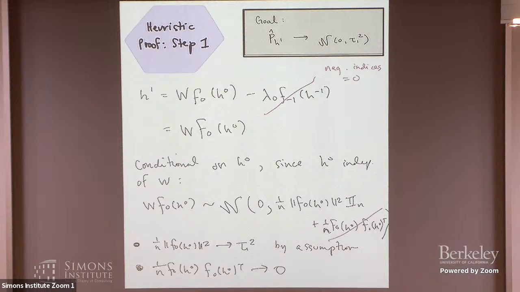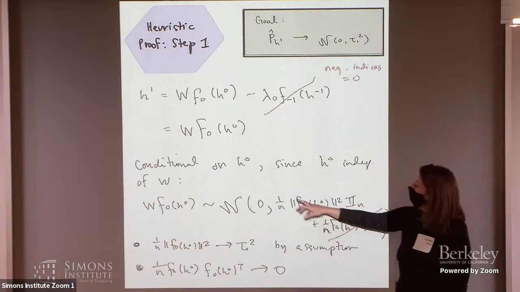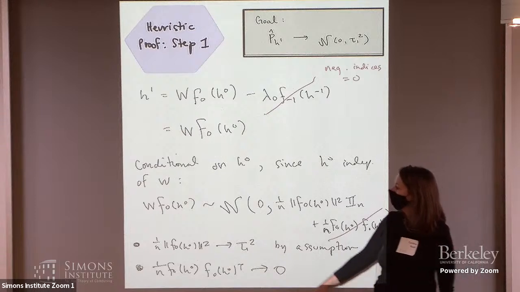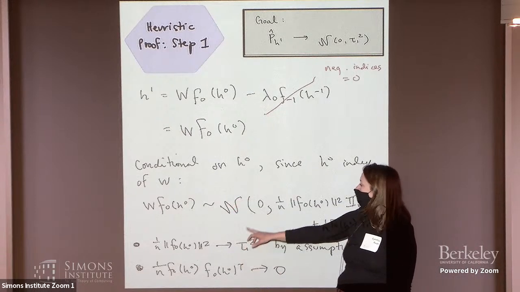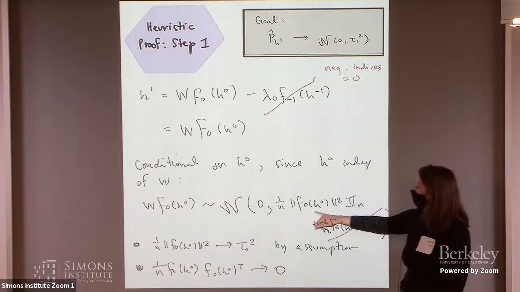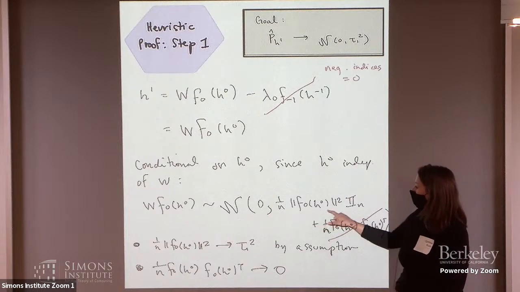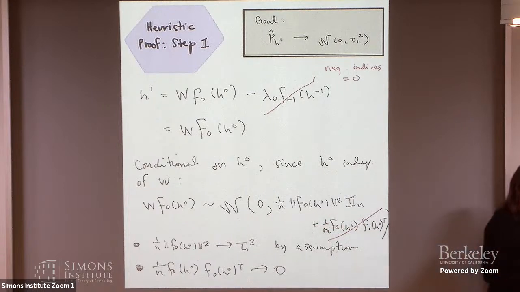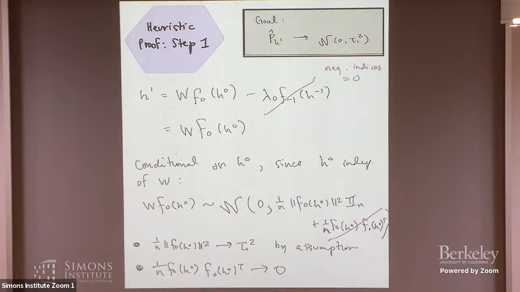So what we've shown is that, conditional on our initialization, H1 is like normal 0 with variance given by tau1 squared. This is kind of motivating the first statement that we have up here.